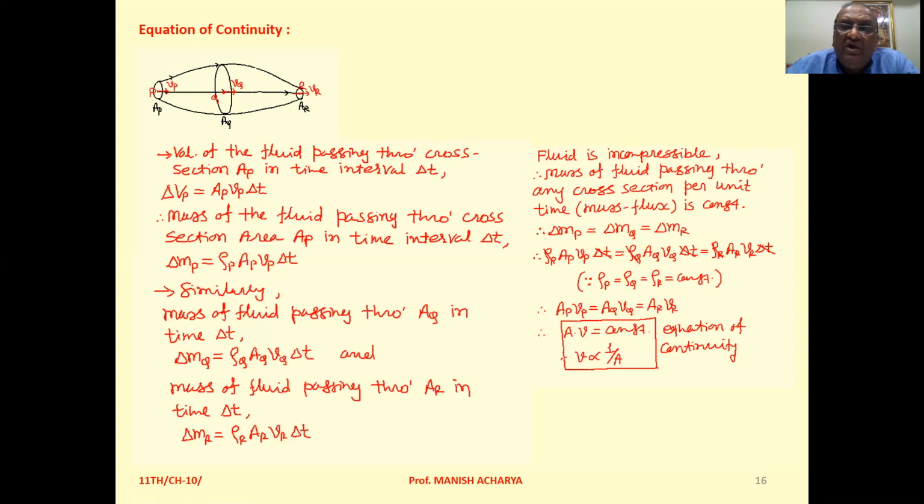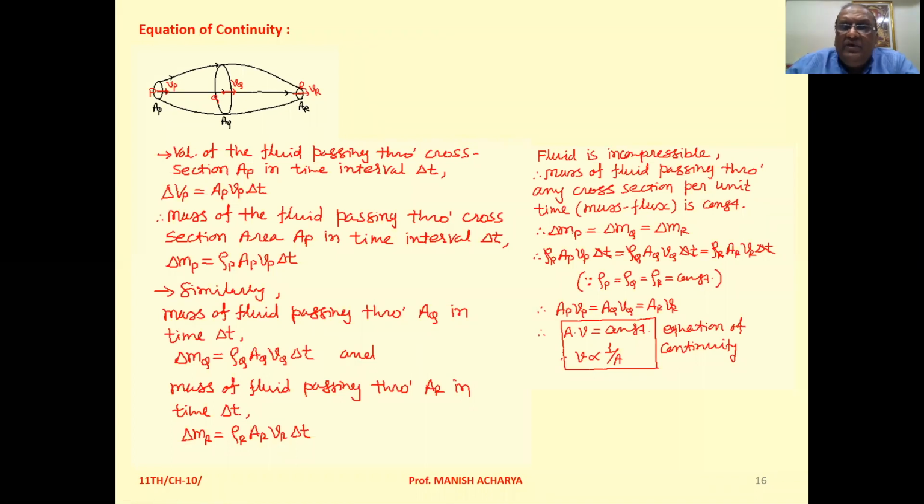Mass is volume into density, and we already calculated the volume of the fluid passing through that cross section. So delta mp, that is mass, is density into volume, so rho p AP Vp delta t.